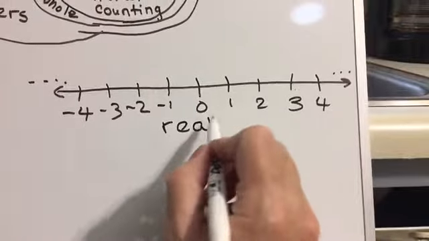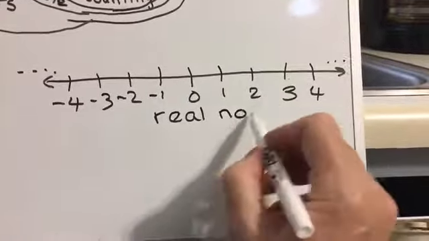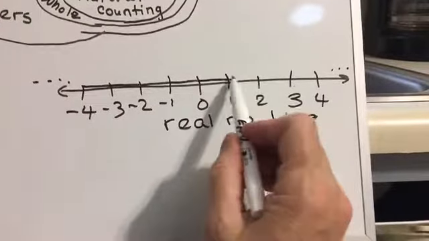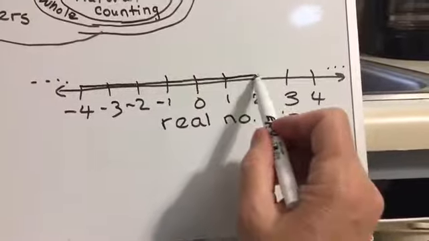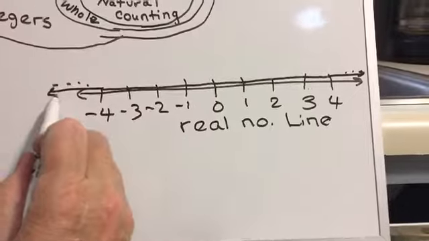But the real number line does not just include the integers. It includes all of these numbers that are in between the integers. Okay, so the real number line includes all of those numbers in between the integers forever in both directions.